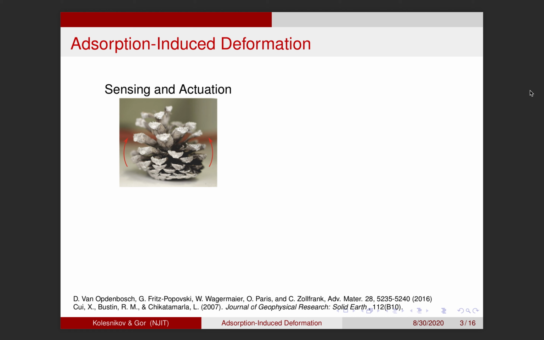And in this picture, what you're seeing is not a real pine cone. It's an artificial pine cone made by a group in Austria, made of nanoporous silica, and it behaves similarly to the real one.